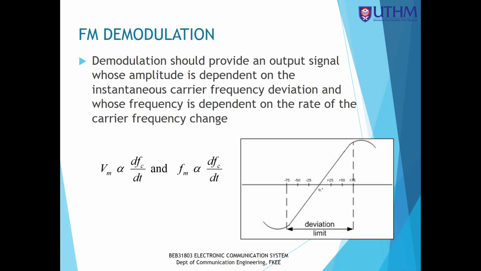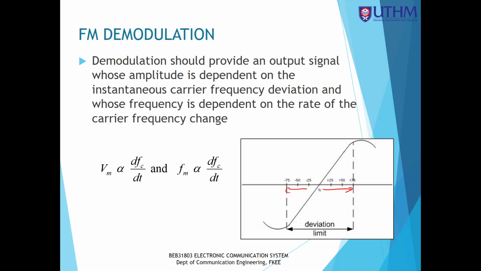The input now is FM, so we receive the input signal as a frequency modulation, angle modulation signal. We need to change the frequency variation of the input to become amplitude variation.